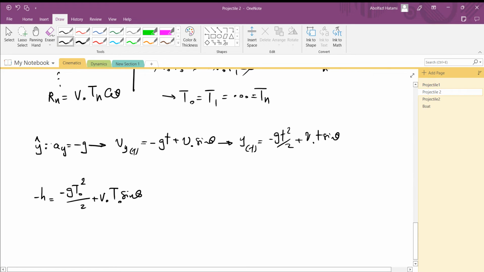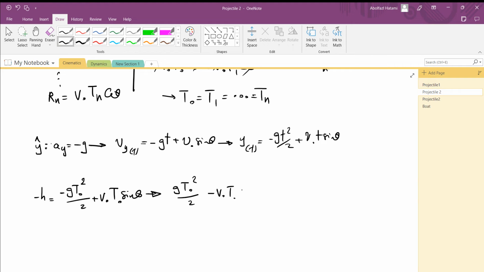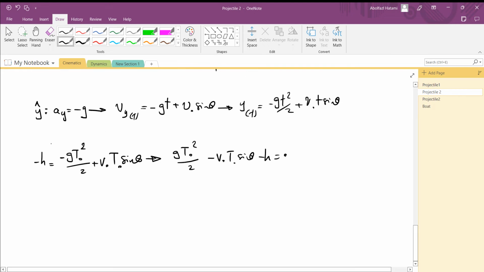And I can solve this equation for t0. So it is g t0 squared over 2 minus v0 t0 sine of theta minus h is equal to 0, and it has two answers. I call them t0 number 1 and t0 number 2, which are the roots of this equation.